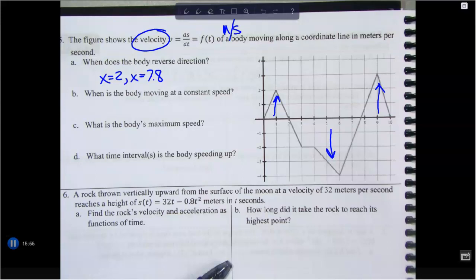When is the body moving at a constant speed? Your velocity is constant, it's not changing, which means that it's flat. So that's between 3 and 4. What is the body's maximum speed? Remember, speed is the absolute value of velocity.